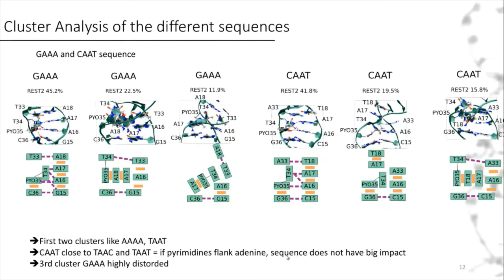So that shows that if pyrimidines flank the adenines, the sequence does not affect so much the flexibility and the conformational space of our damaged DNA. And for GAG, we have the first two similar, and then we have only a last cluster which is different and highly distorted, with this strand which is close to 90 degrees.